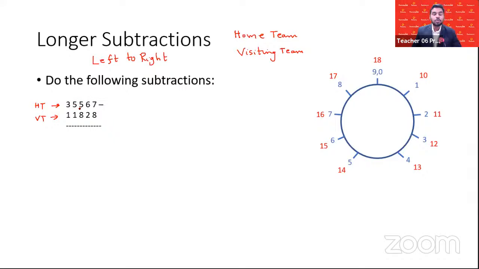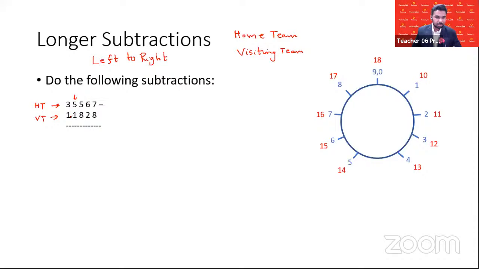But when it comes to 5 minus 8, you will see that a problem arises. It is a negative number. So the elder player in this place has to give his 1 run to this person so that he can win over the batsman in the same place. Similarly, it goes like that.